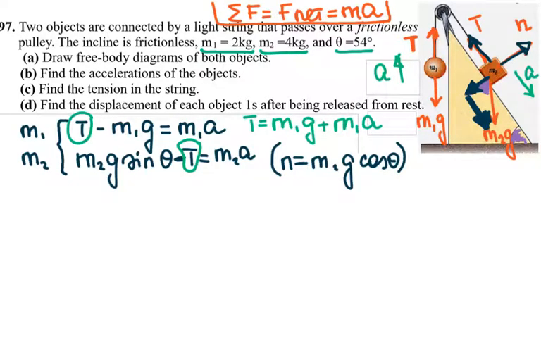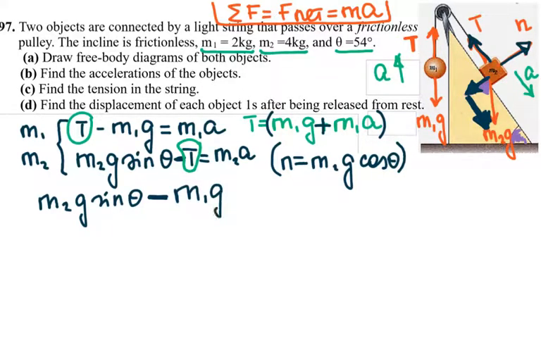So if I plug it in now, I have m2g sine theta minus, and I have to subtract both of those, so this positive sign will change to a negative. So I have m1g minus m1a, because when I drop the parentheses, because I have a negative, that sign will change. So I have a negative right here, and equals m2a. So now if I move all a's to one side, I will factor out a.